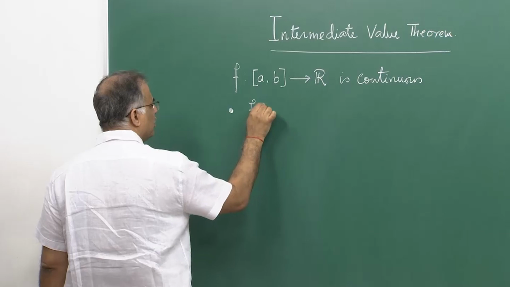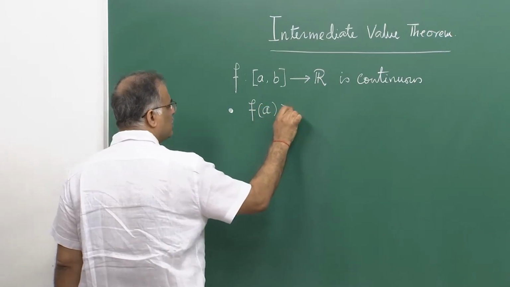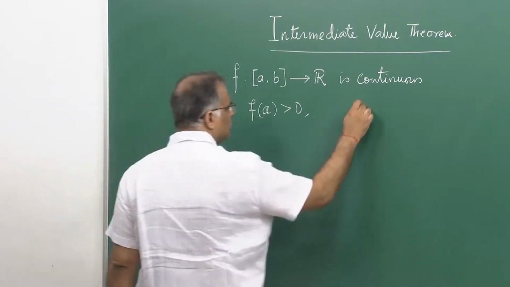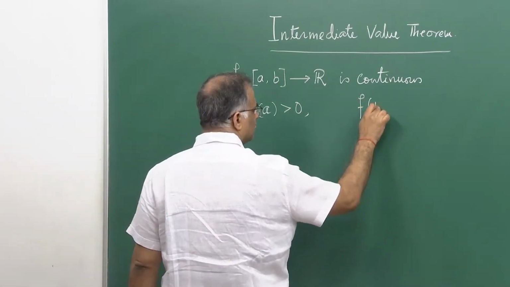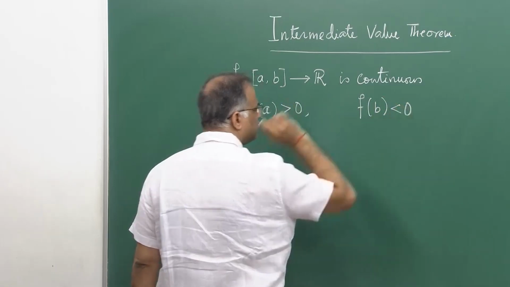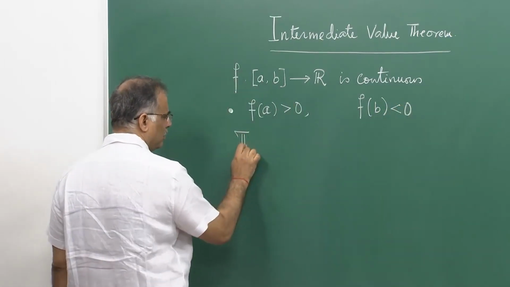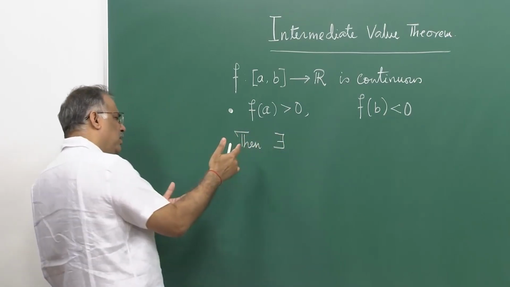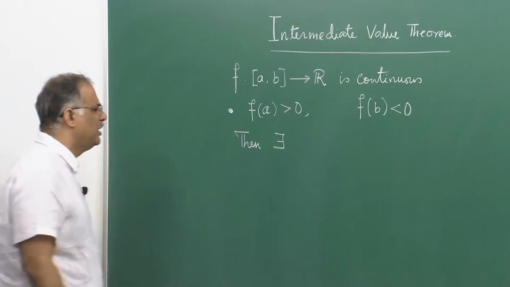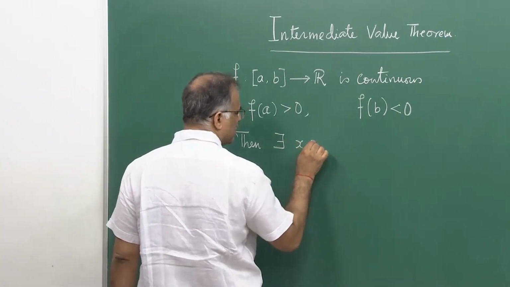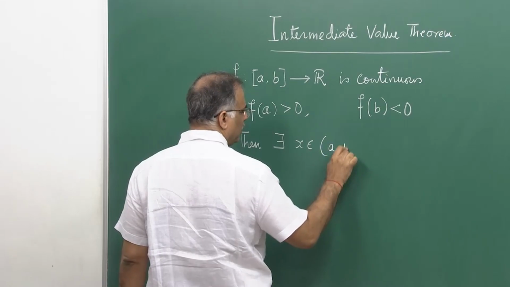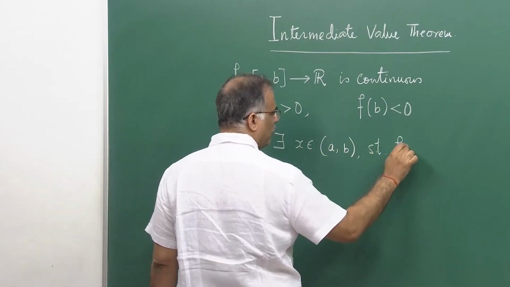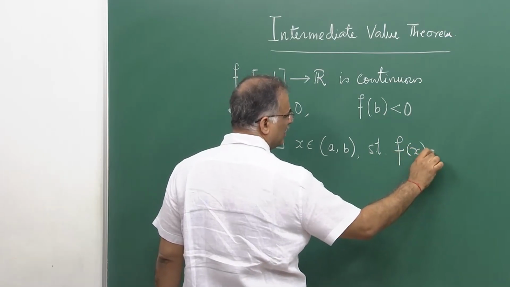This is the given information: f of a is strictly bigger than 0, f of b is strictly less than 0, then there exists, this is the symbol for there exists, the opposite capital E, x in the open interval (a, b), such that f of x is equal to 0.